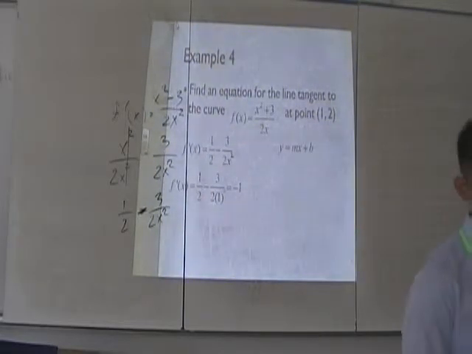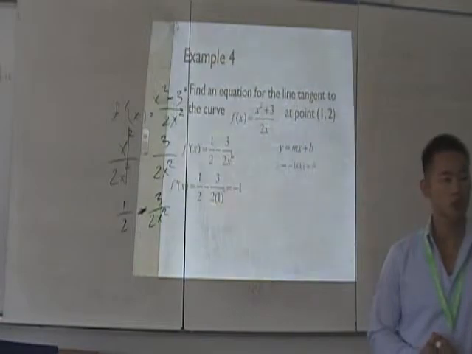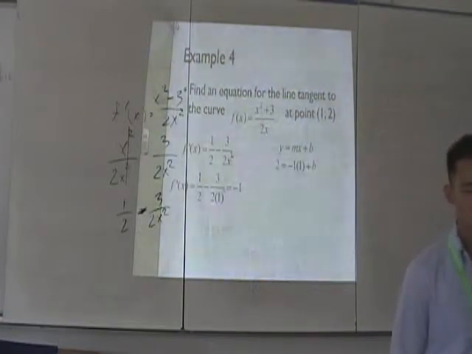Alright, so we know our slope. What's our slope? Negative 1. So we plug that in there. What else do we know about this? The y and the x. We know the x and the y, so we plug those numbers in there also. So what are we looking for? The b, the y-intercept. So you solve for b. b is equal to 3. Any questions so far?